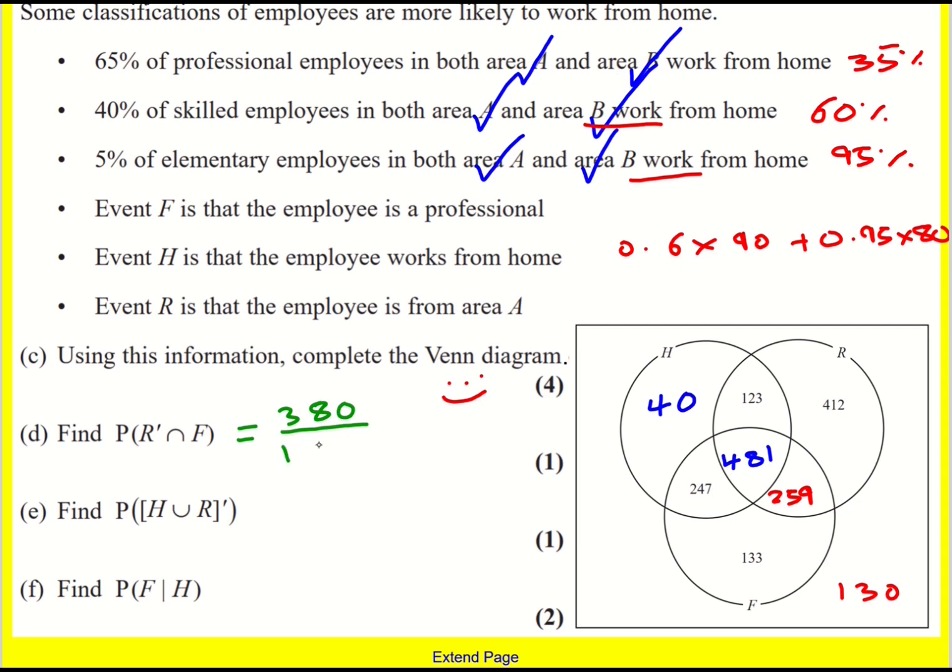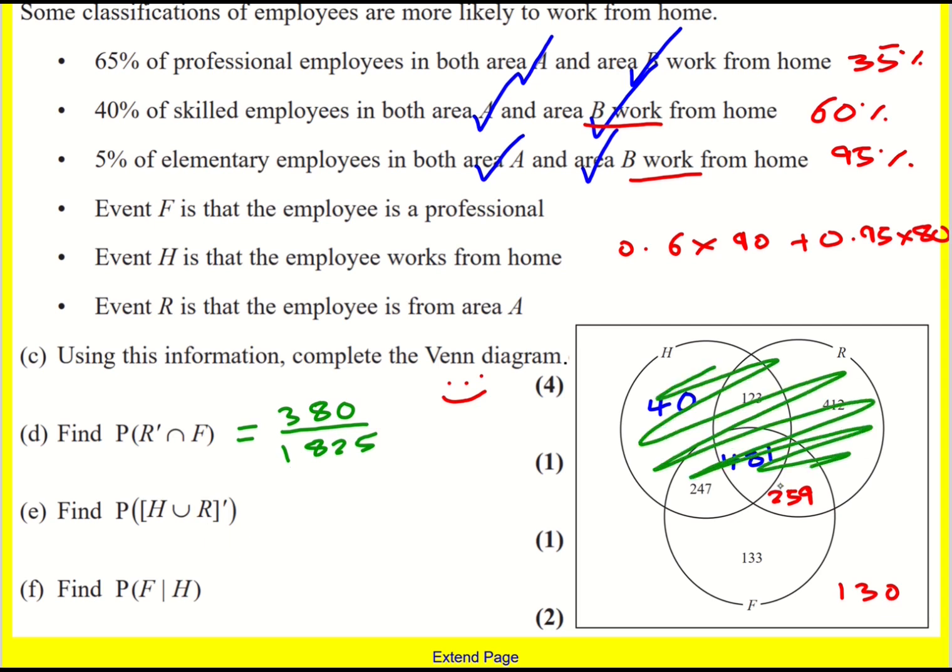And I'm dividing by the total number, 1825. No need to simplify. That's absolutely fine. Then probability of the union of H and R, but then not that. So the union is going to be all of this. And if we do not, then we're going to be left with 133 and 130, which is 263.